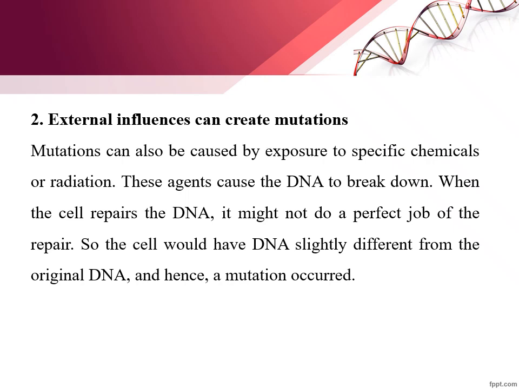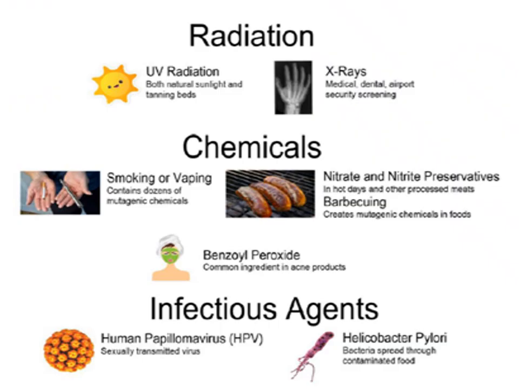So the cell would have DNA slightly different from the original DNA, and hence a mutation occurs. Here in this picture, we can see radiation, chemicals, and infectious agents like HPV and other types of bacteria also make mutations.